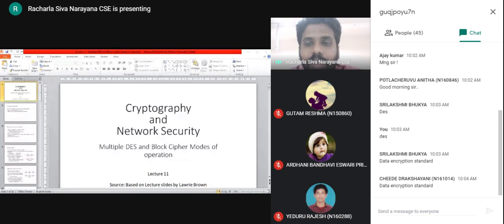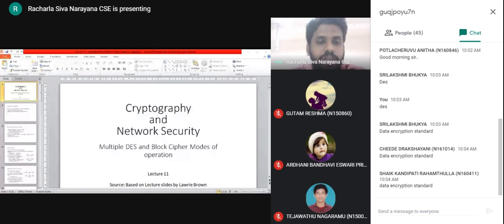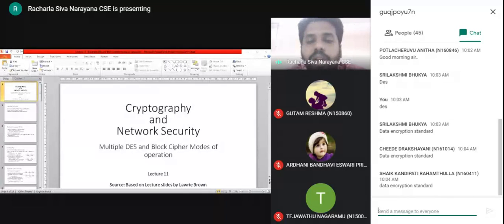Good, data encryption standard. Now, what is the input block size in DES? What is the input plain text block size in DES?